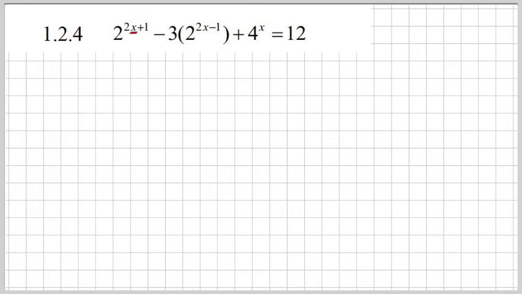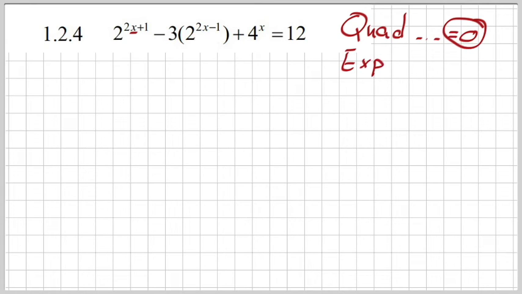Well, remember, with a quadratic equation, I'm trying to get something equal to 0. With an exponential equation, I'm not trying to get equal to 0. I'm trying to get, for instance, 2 to the power of something equal to 2 to the power of something else. That is my end goal.